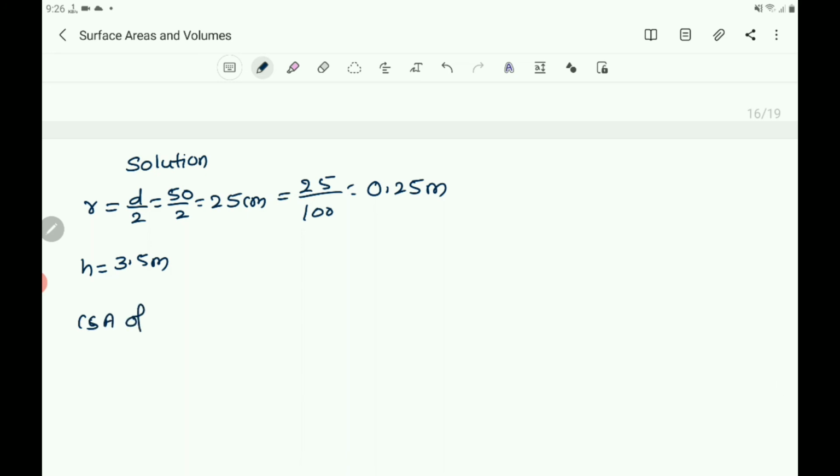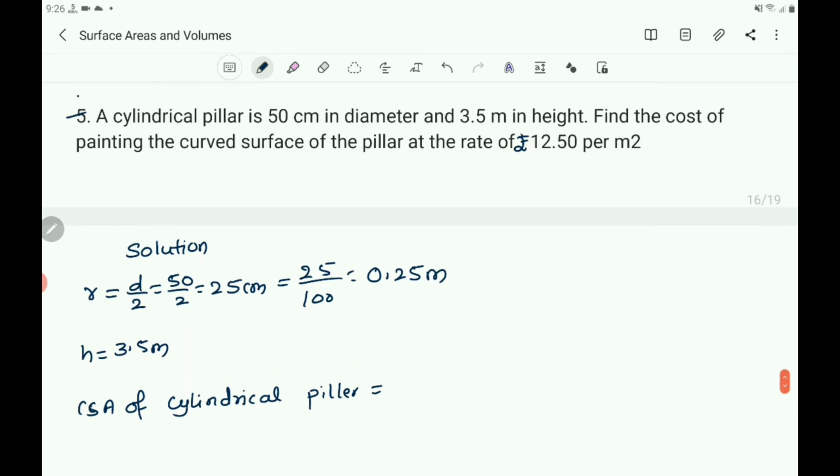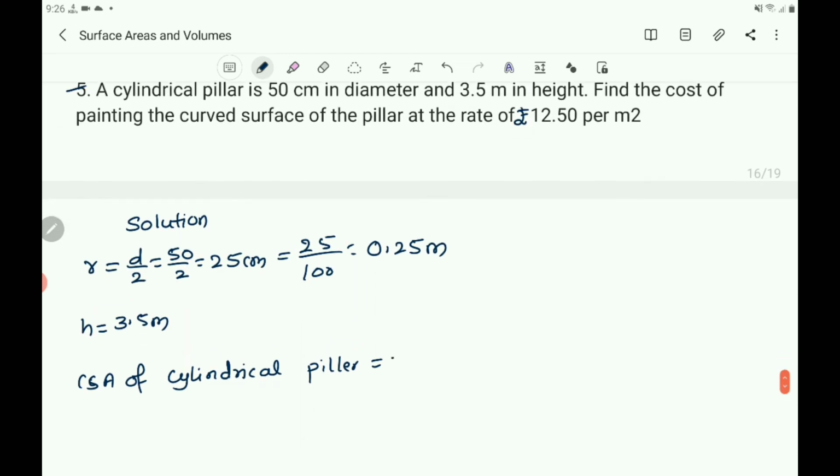Then you find the CSA of cylindrical pillar. CSA of cylindrical pillar is 2 pi RH.